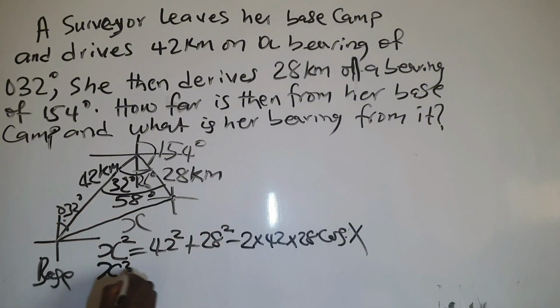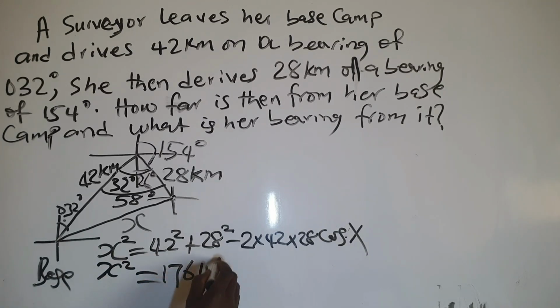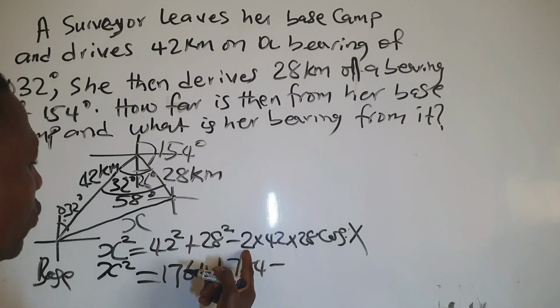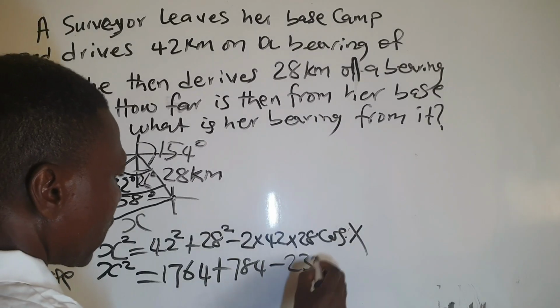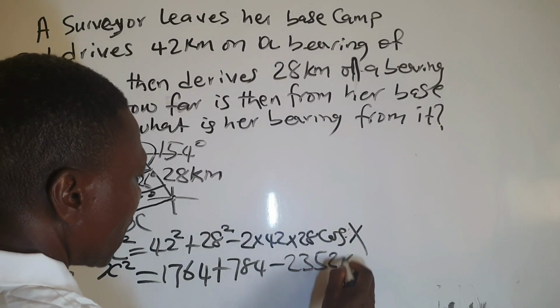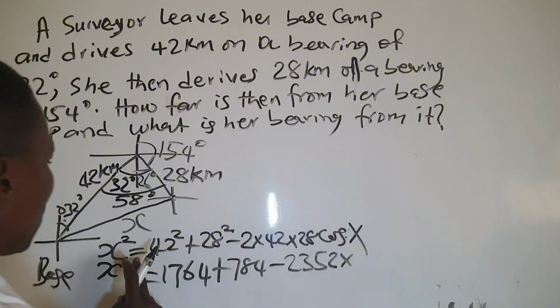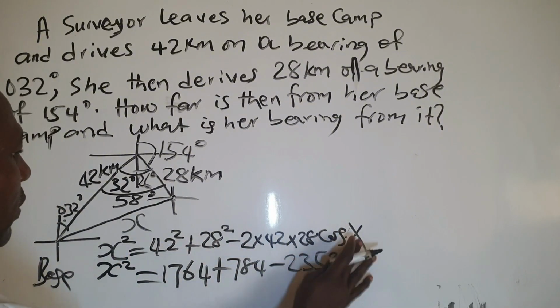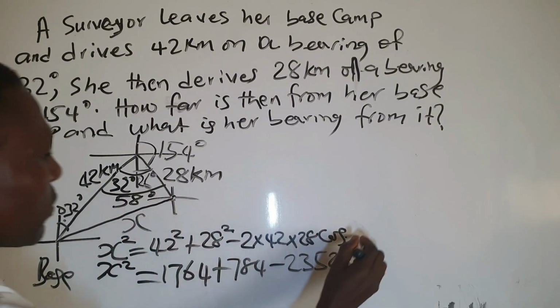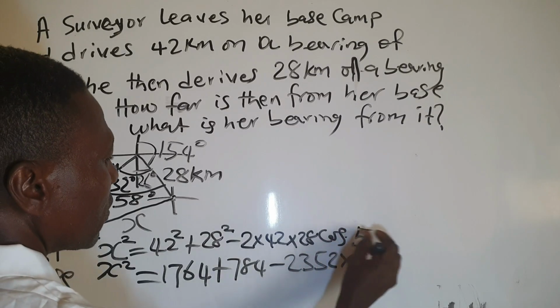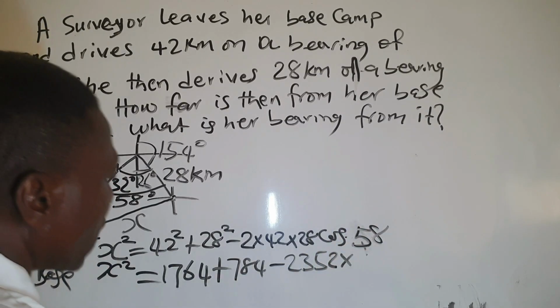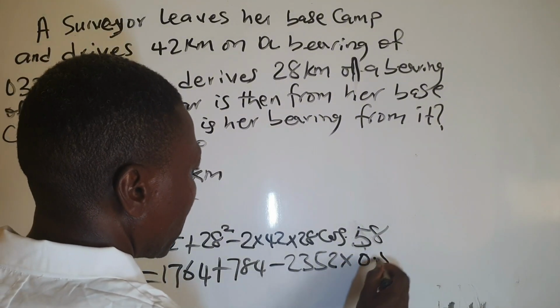We have x squared here equals 42 squared, which is what? 1764, plus 28 squared, which is what? 784, minus 2 times 42 times 28, which is what? 2352 times cos x, which will be 58, okay? Cos 58 is what? Use your calculator. 0.53.